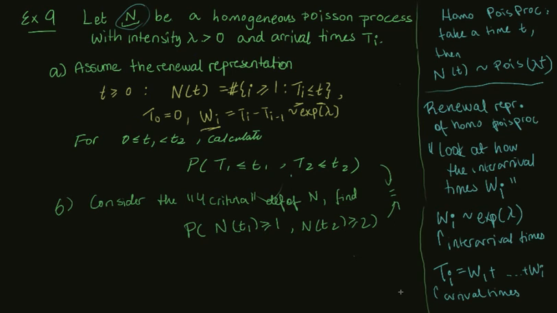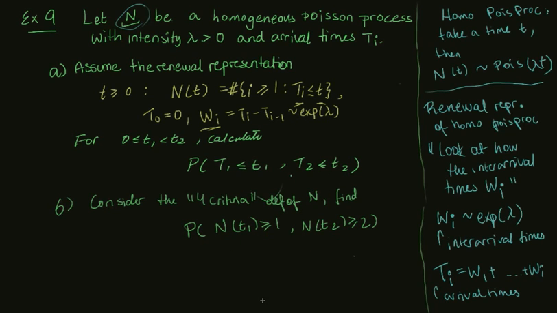So we will calculate both of them and conclude, well, apparently they have the same probability. And if we use our brains a little bit, we will also be able to conclude that the event that the first arrival arrives before t1 and the second arrival arrives before t2 is exactly the same as the event where at time t1 we have already had at least one arrival, and at time t2 we have already had at least 2 arrivals.